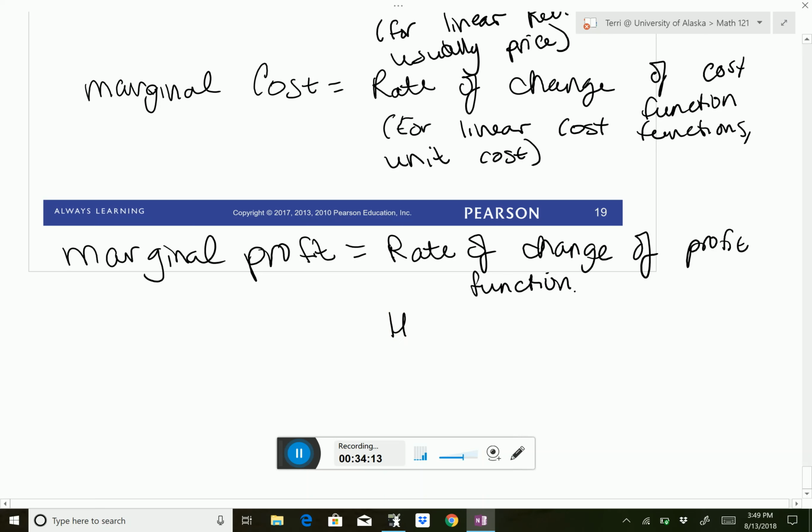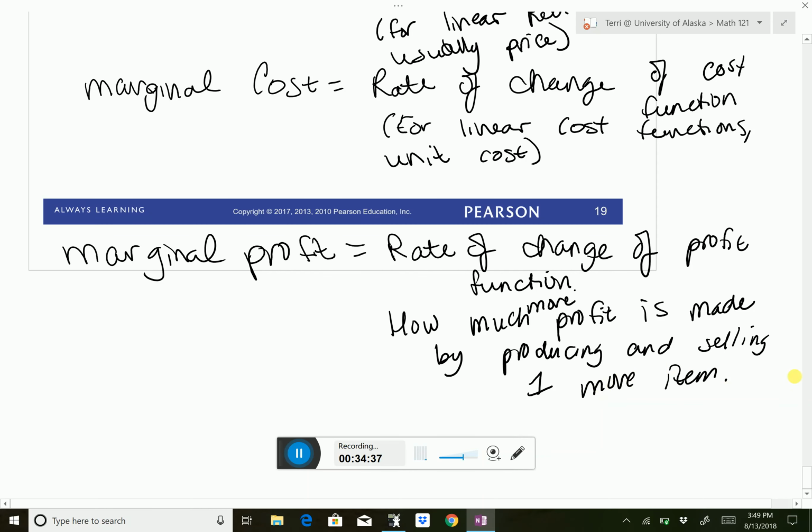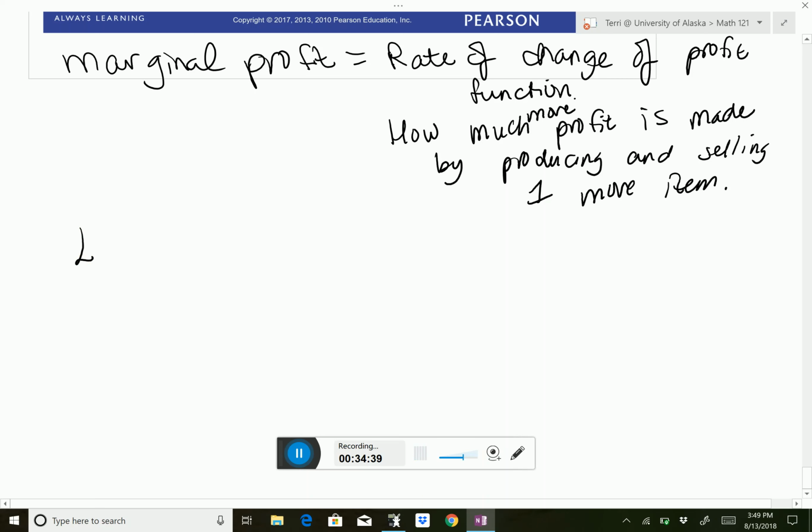So this is how much more profit is made by producing and selling one more item. So right now we have constant marginal profits.